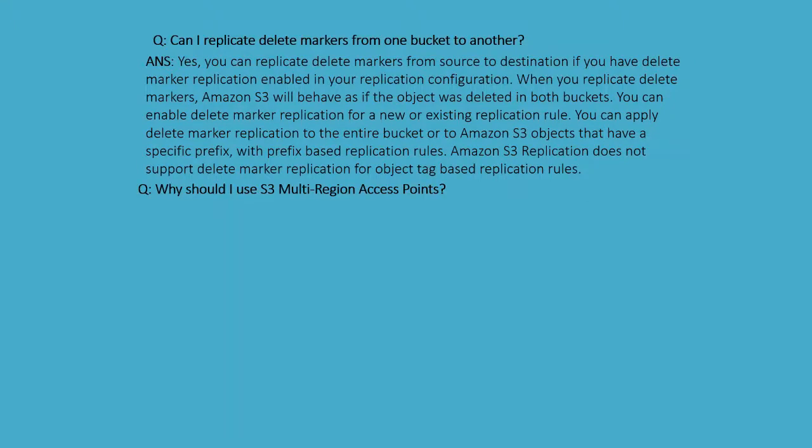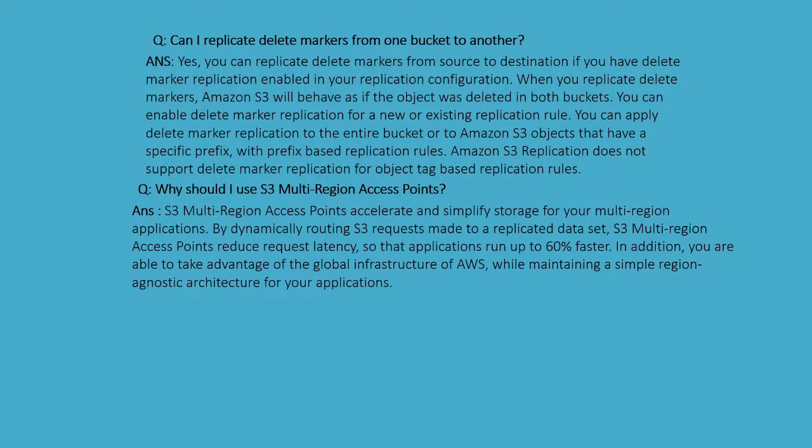Why should I use S3 Multi-Region Access Points? S3 Multi-Region Access Points accelerate and simplify storage for your multi-region applications by dynamically routing S3 requests made to a replicated data set.